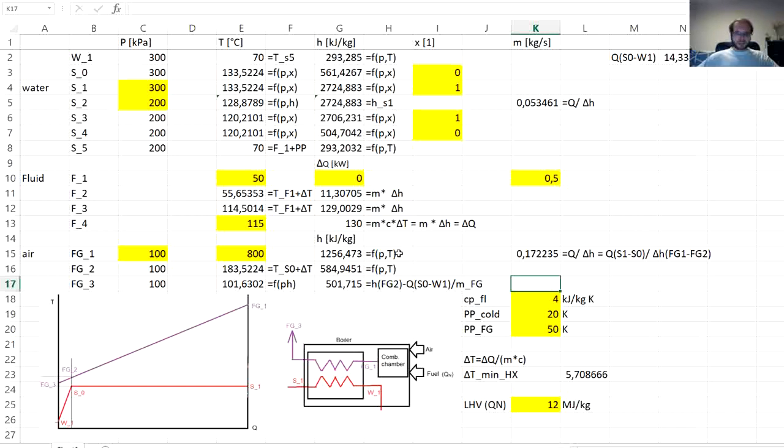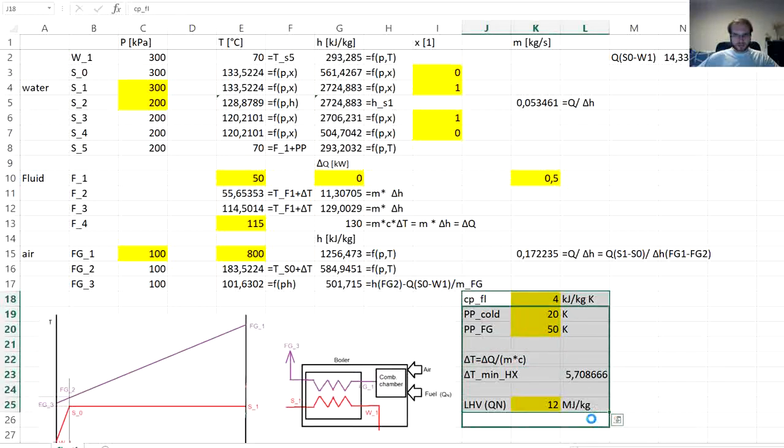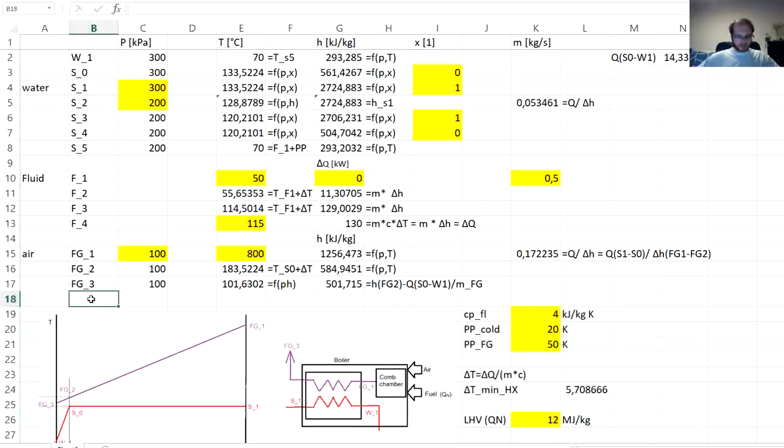Okay, so now we have the parameters in all the points, all the nodes of the process flow diagram. But to estimate the stack loss, to get the value of the heat that goes out in the flue gas with this temperature, we will add one more line over here, which we will call, for example, Fg0.